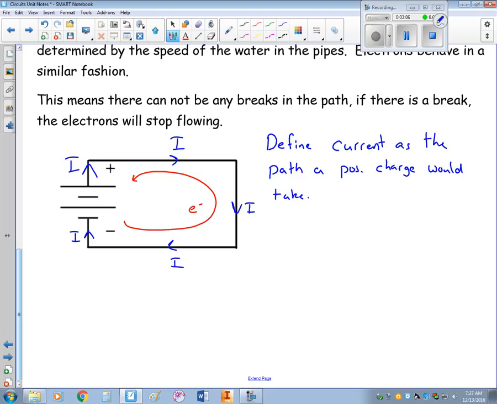So when we draw circuits and map out how the current goes, we always draw this from positive to negative, which is the opposite of what the electrons would actually do.